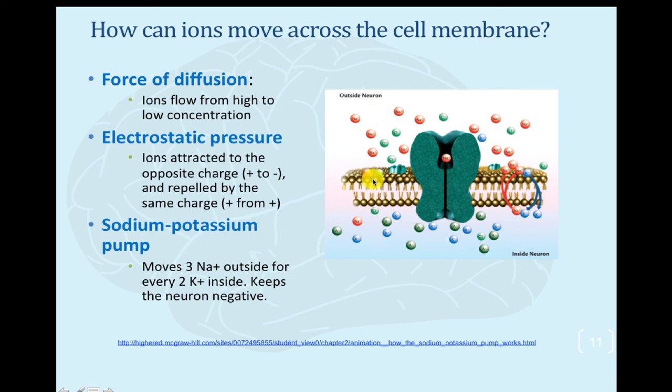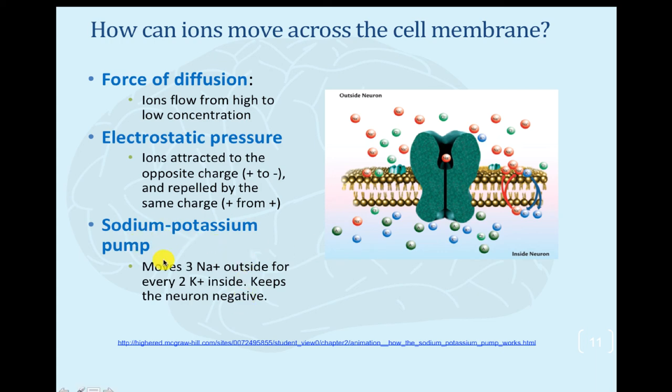It's going to be pulled in, if possible, due to electrostatic pressure. So that's another way that opposites attract. The positively charged sodium will want to enter into the negative area inside of the neuron at rest, because remember, the resting potential of a neuron is about negative 70 millivolts, right?